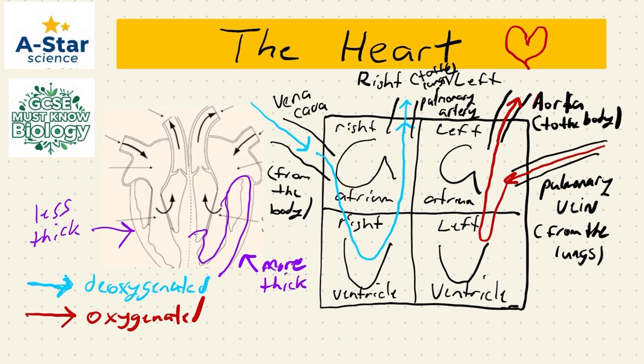Remember, the heart is just muscle tissue. This is because the left-hand side of the heart is pumping blood to the rest of the body, so it's under lots of pressure. And the muscle is much thicker on the left-hand side of the heart.